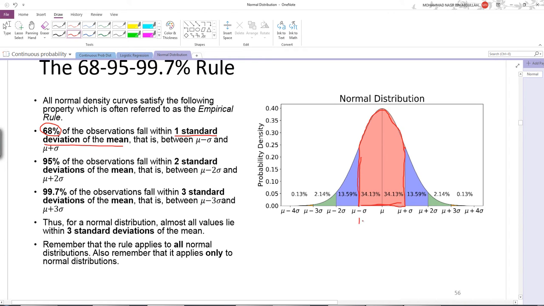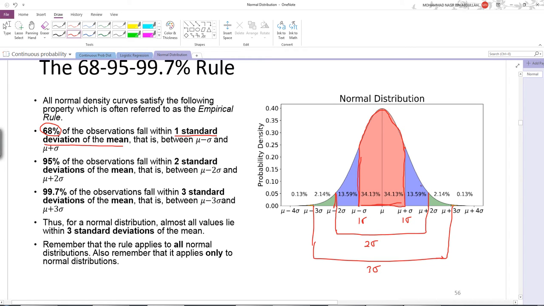This is one standard deviation. When you have two standard deviation here, it covers 95% of the area. So this is two standard deviation, and this is three standard deviation. You are going to have 99.7% of the area, right? So this is the 68, 95, and 99.7% rule.